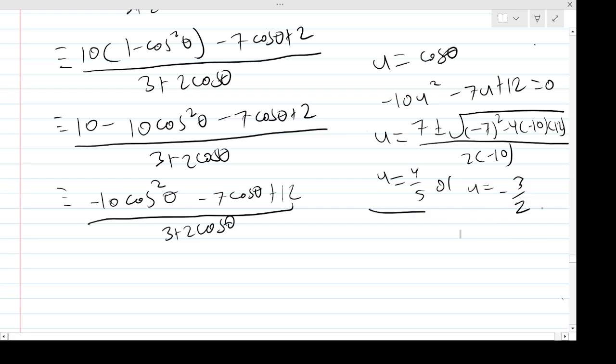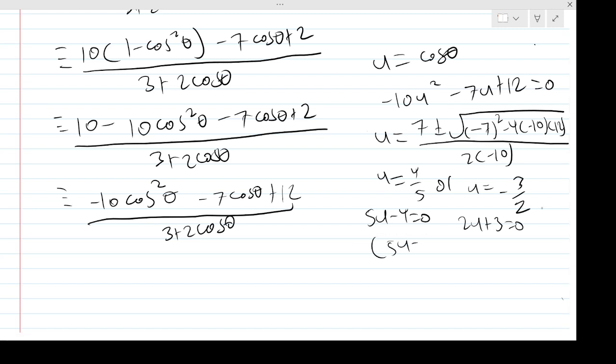If u equals 4 over 5, if we times that by 5, I would get 5u minus 4 equals 0. Or 2u add 3 equals 0, because then 2u would equal minus 3. Move that minus 3 to the other side: 2u add 3 equals 0. And these are my factors then.